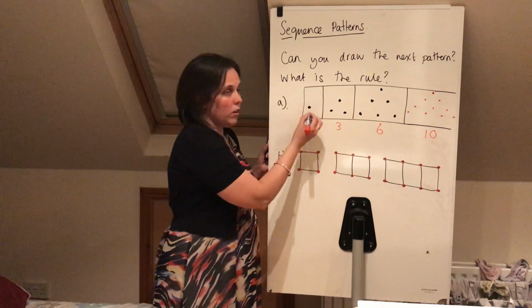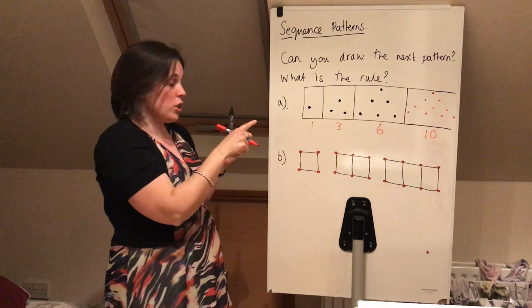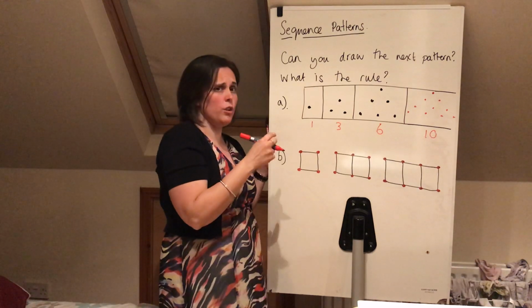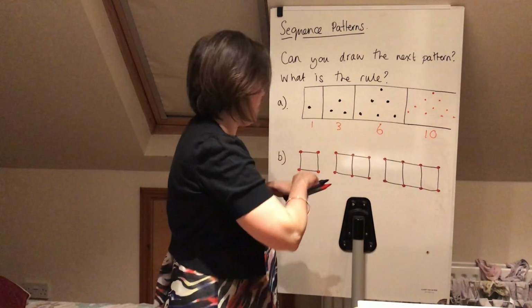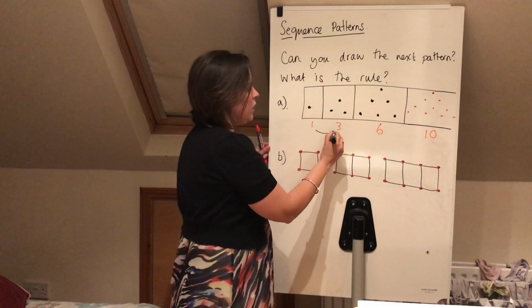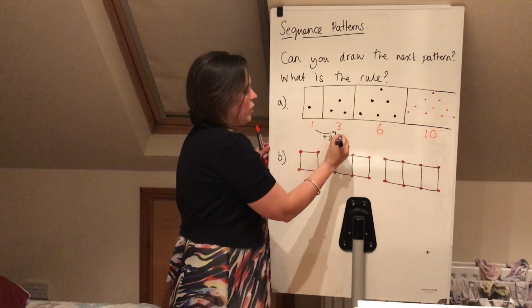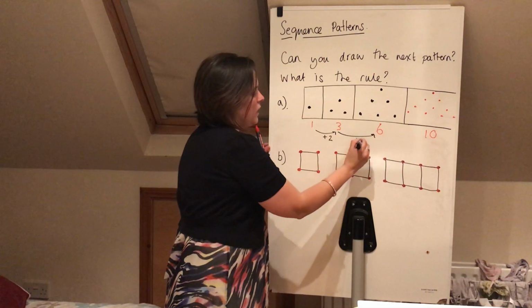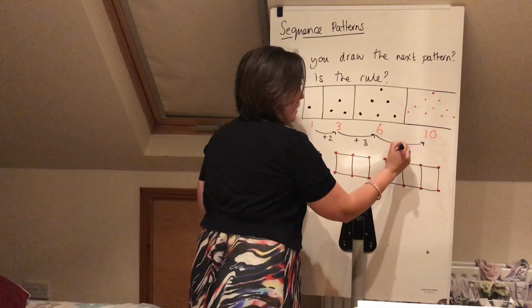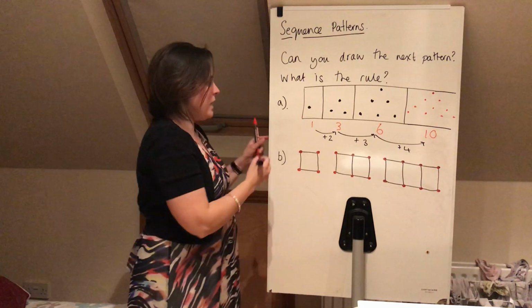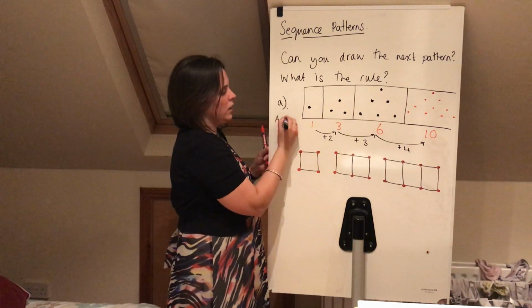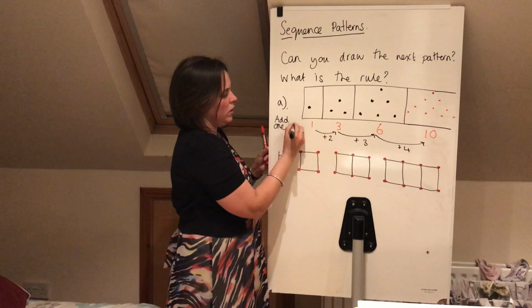So like I said, we're adding another row each time, and when we add that new row we've got 1 extra dot. So to go from here to here, for example, we are adding 2. To go from here to here we're adding 3. And here to here we're adding 4, and so on. Alright, so basically for this one we're adding 1 more each time.